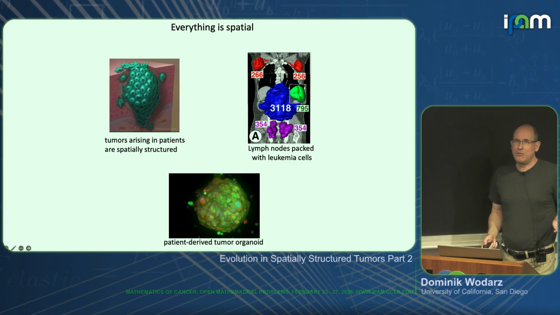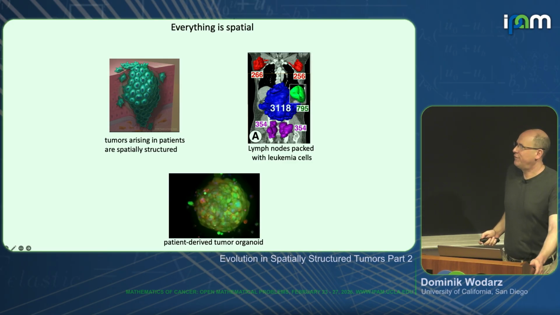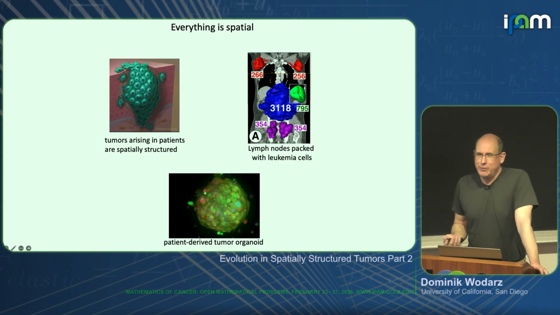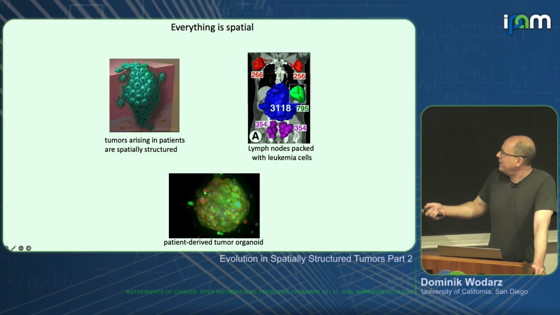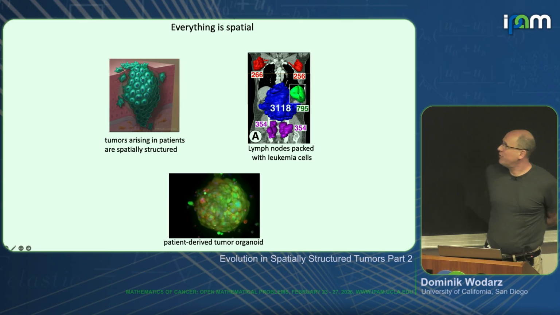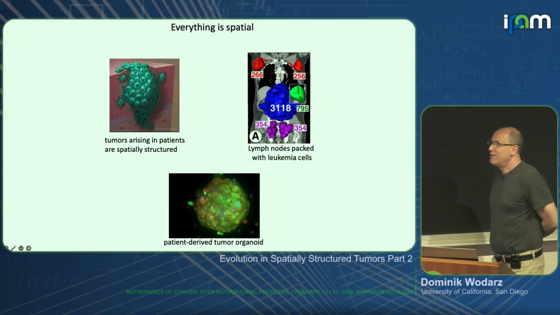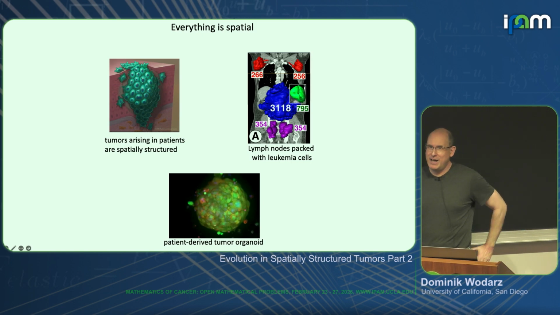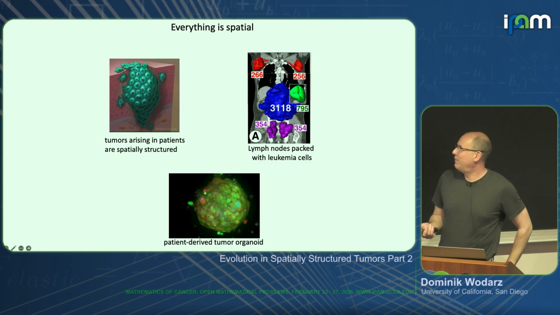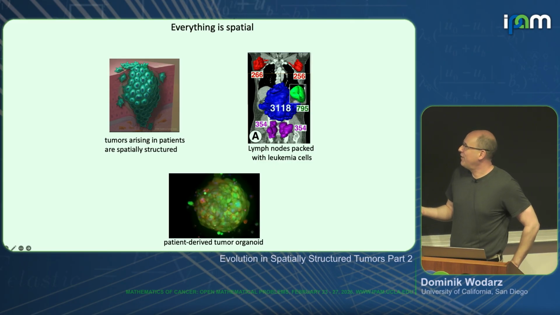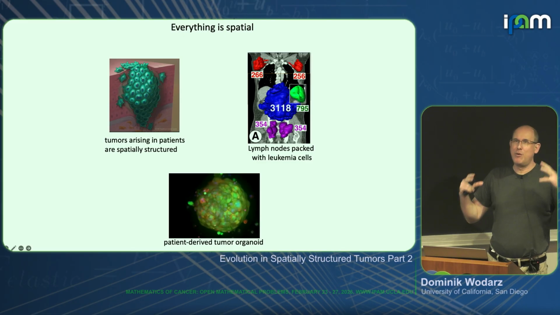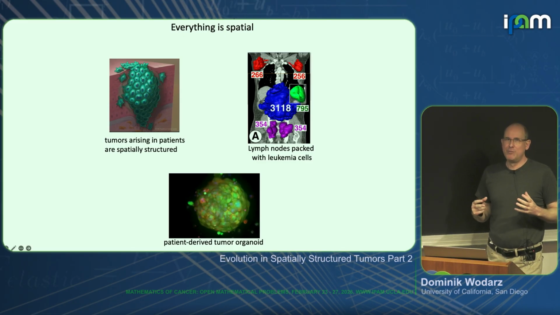People often say that leukemias are liquid tumors, and therefore you can model them under the assumption of perfect mixing. But I don't think that's true either. If you look at this picture here, these are lymph nodes in a patient who has chronic lymphocytic leukemia. You do measure the leukemia cells in the blood, but nothing actually grows in the blood. Where things are growing is in those lymph nodes, and these lymph nodes are blown up, completely packed with tumor cells.